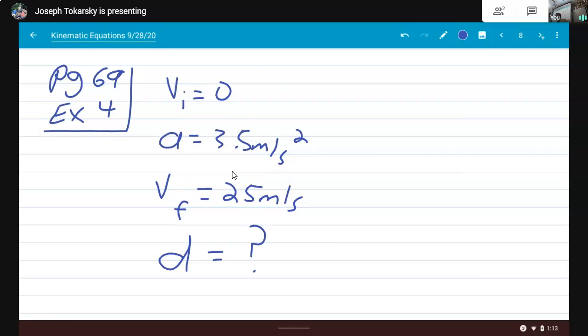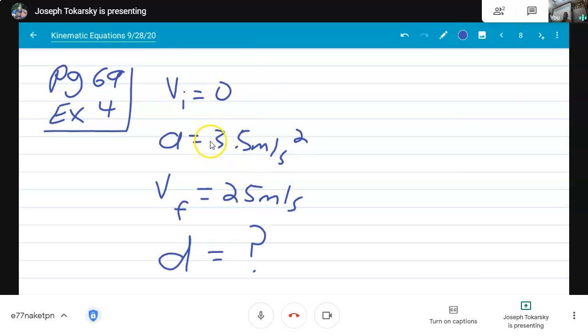Did this problem ever tell us anything about a direction? No. So the way I'm speeding up, we should assume is a positive direction, right? So let's say we're speeding up that way. And we are speeding up. You literally use the phrase speeding up. So if I'm going in the positive direction and speeding up, my A better be what sign as well? Positive, plus, right?